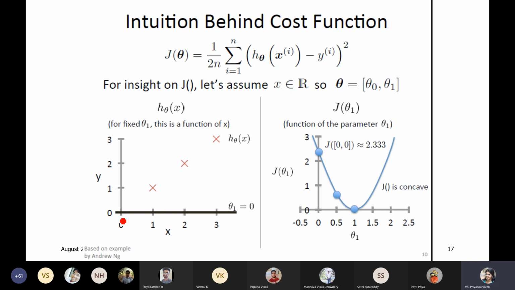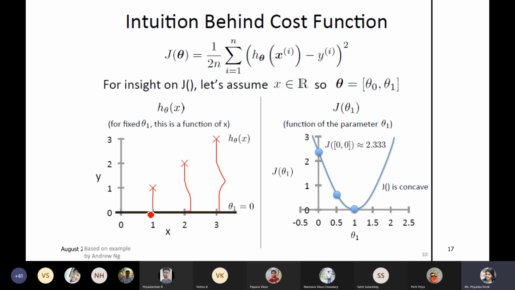This is our line, our model, which is our h theta of x. This is our actual point. There is a distance like this, this much is the error. So this distance is our error.